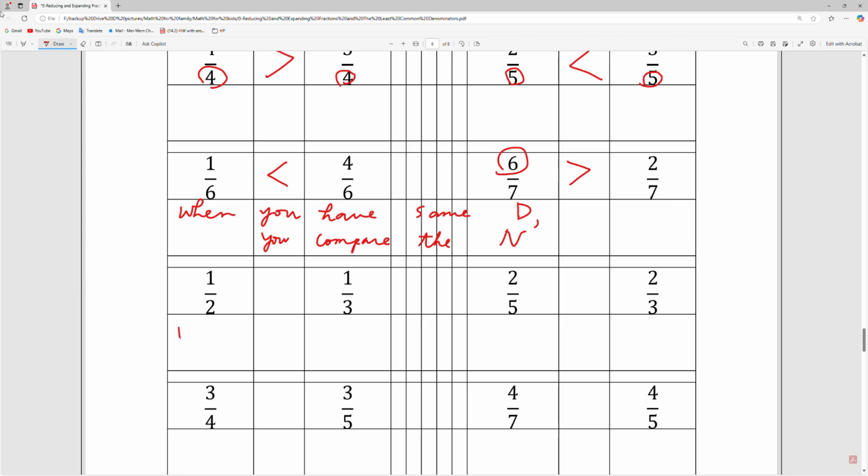However, when you have the same numerator, you still compare the denominator. Okay, you compare, you choose. I will say that. Okay.